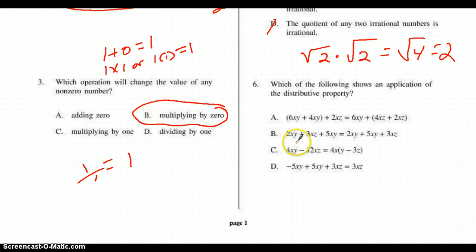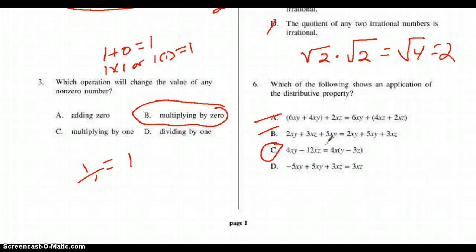B, 2xy plus 3xz plus 5xy, that's commutative. And C says 4xy minus 12xy is equal to 4x times the difference of y minus 3z. That looks good to me. So of course C looks like the right answer.